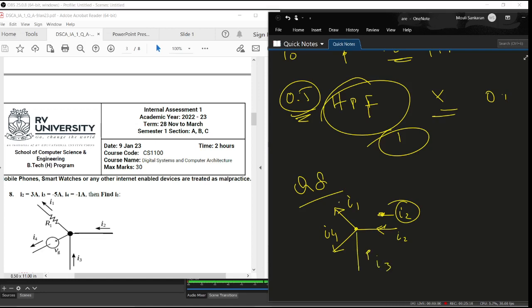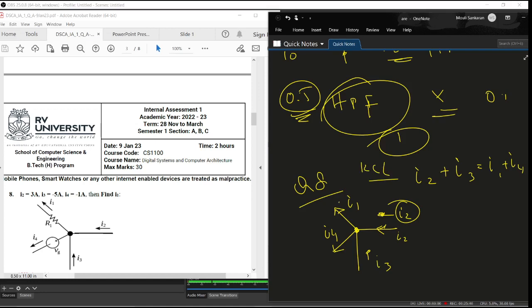Now what we need to do, put all the incoming current equal to outgoing current. So let me say I2 plus I3 all incoming, and I1 plus I4 is going out. So incoming current is equal to outgoing current. Okay, at this point, this is KCL. Okay, now what are the values?